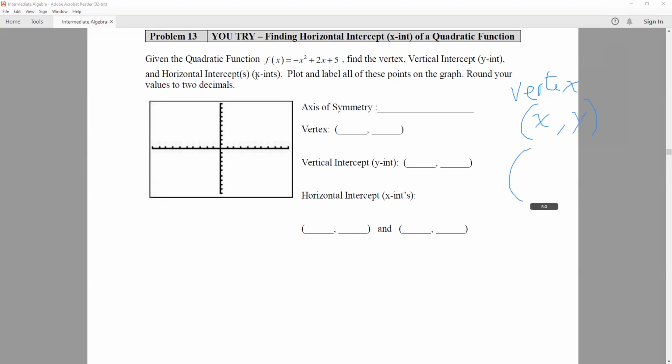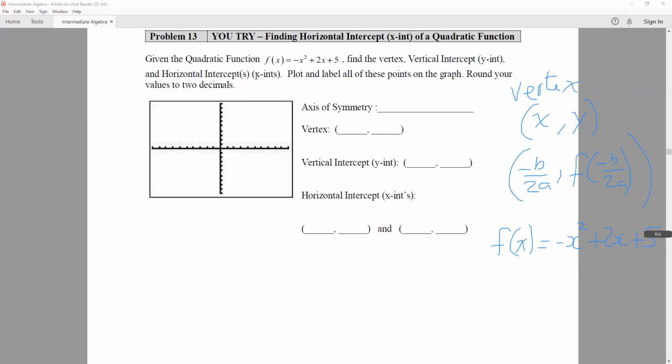The x is going to be negative b over 2a. And then whatever we get for our x, we put it into the function to get our y. So from the function, f of x equals negative x squared plus 2x plus 5.